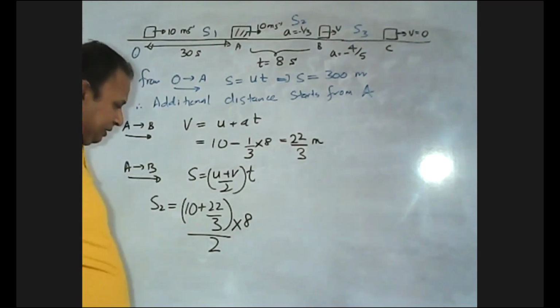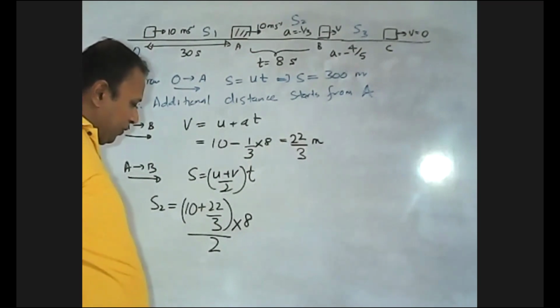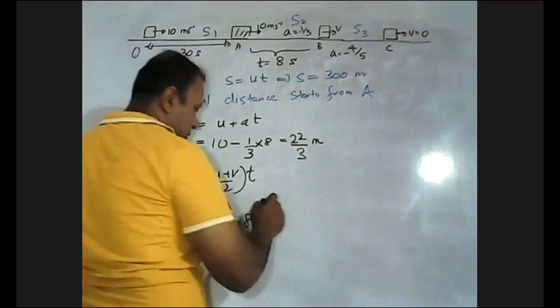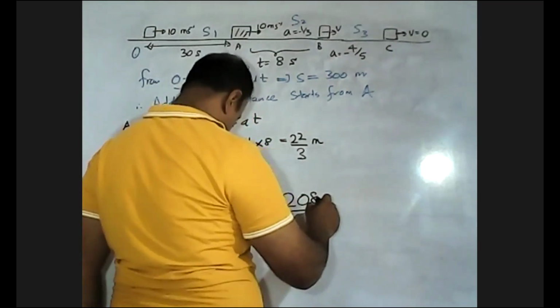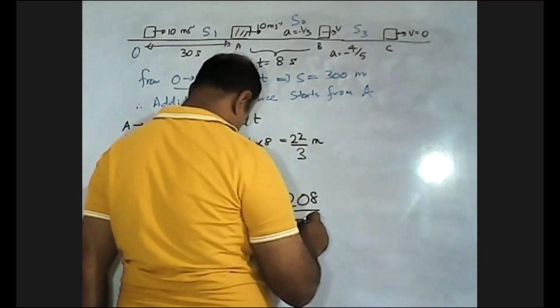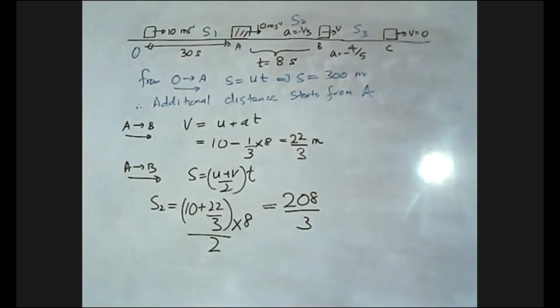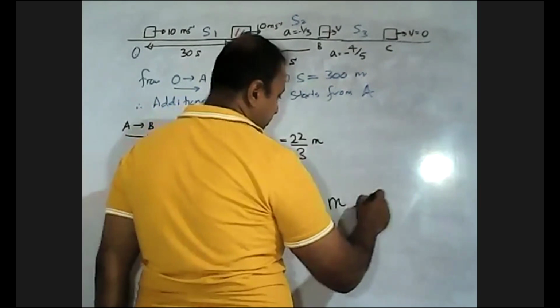Okay. 30 times 22, 52, into 4. 52 into 4, that means 208. So that is S1, S2. That is S2.